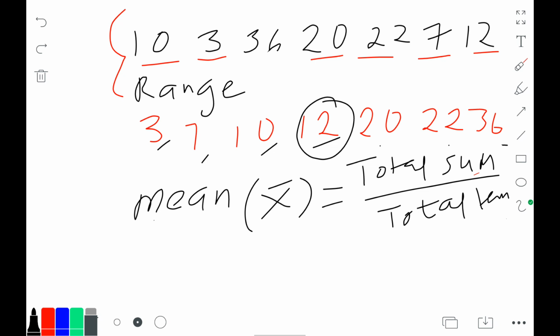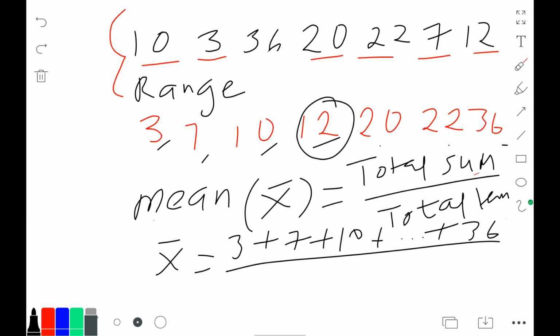Now for our X bar, you're going to add all these numbers, which is 3 plus 7 plus 10 plus all of them plus 36. You divide by the total number, which is how many? 1, 2, 3, 4, 5, 6, 7.